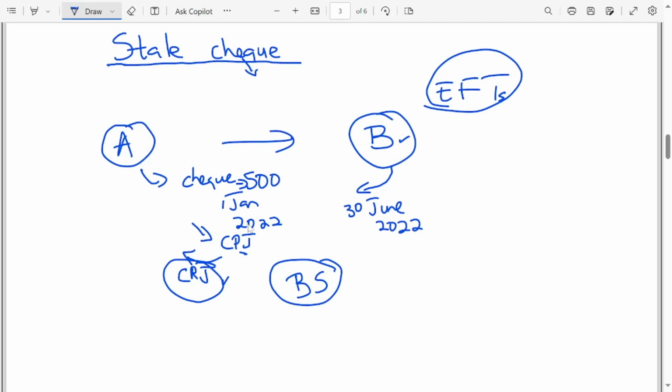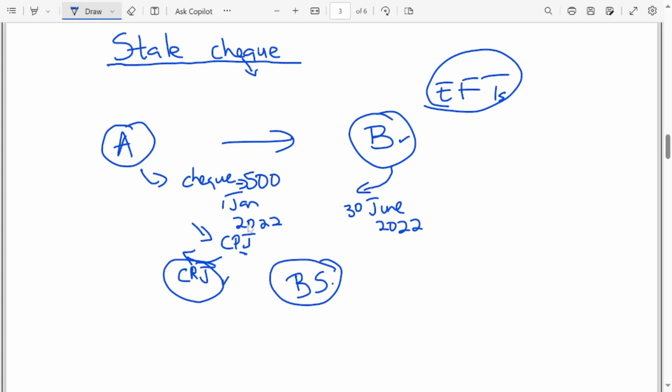A stale check stays in a bank reconciliation statement until it expires. If it continues to stay in the bank reconciliation statement, it means business B has not yet drawn the check.